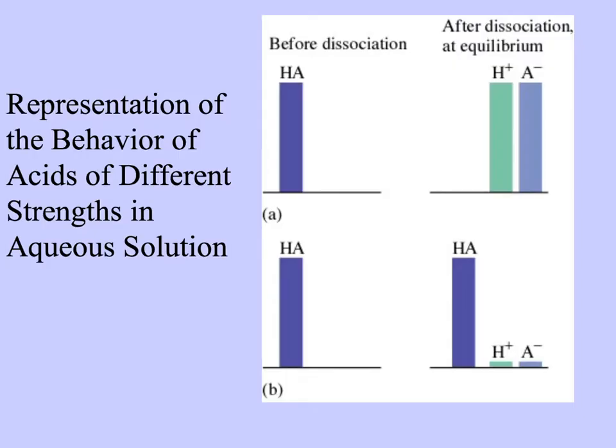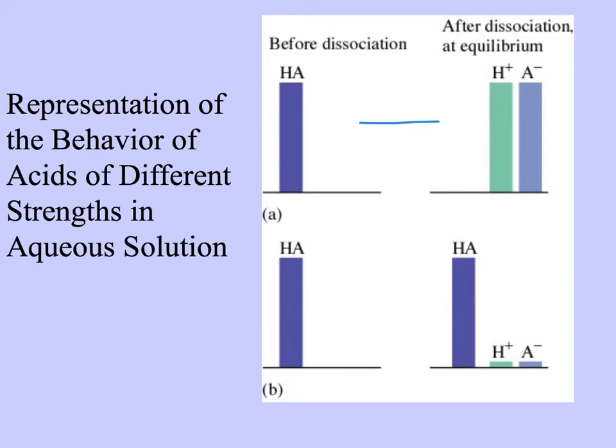All right, so here we have a bar graph going over the differences between a strong acid and a weak acid. So this top picture, let's take a look. This bar graph here is before it dissociates in water, HA, which represents a generic acid. Now notice what happens after the dissociation in equilibrium.